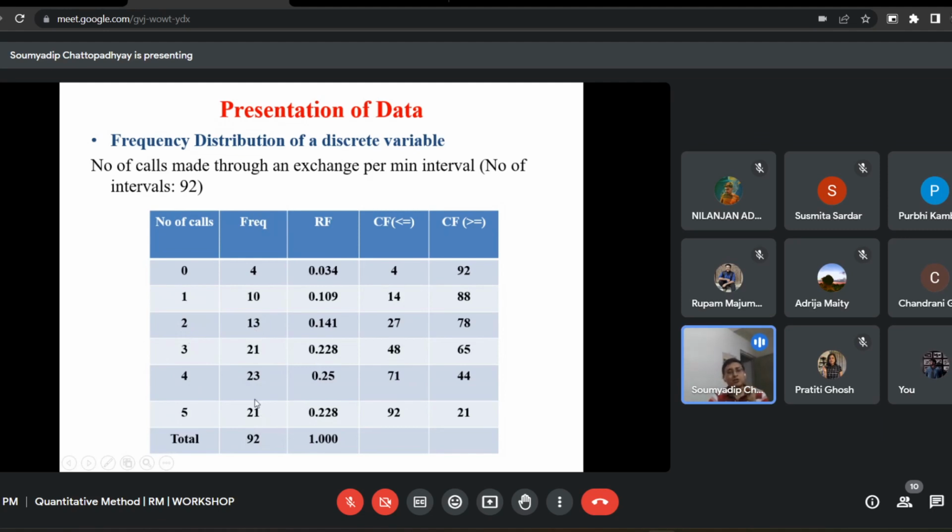Or if you consider this 21, what is the interpretation of this frequency? Out of 92 one minute intervals, there are 21 such intervals in which 5 calls are made. So the number of calls made being equal to 5 is happening 21 times in this particular example. So the value of the variable 5 is occurring with a frequency of 21.